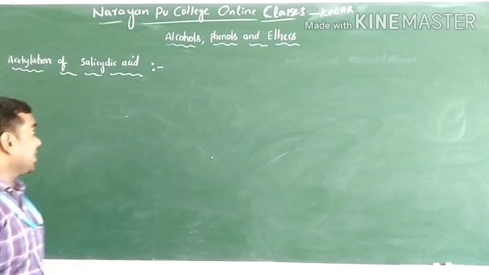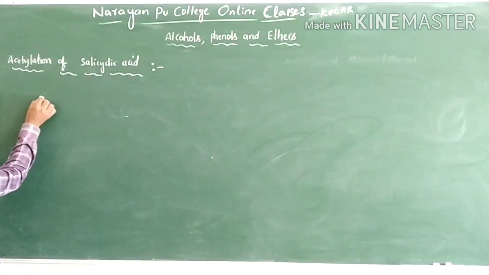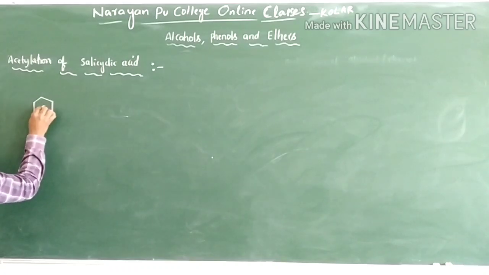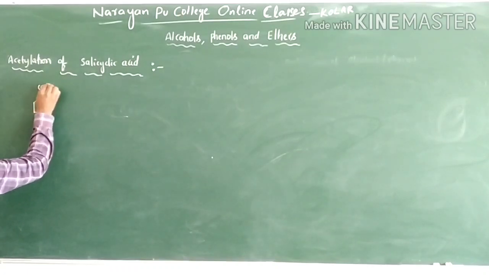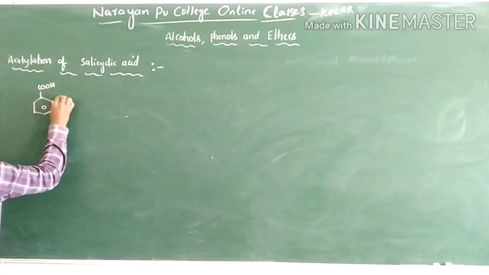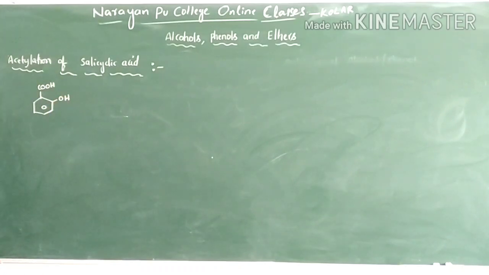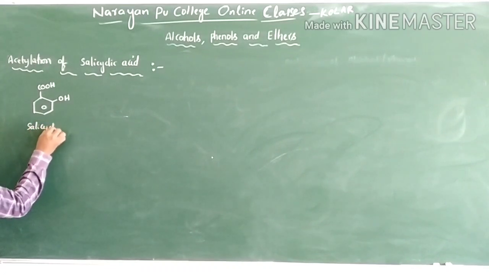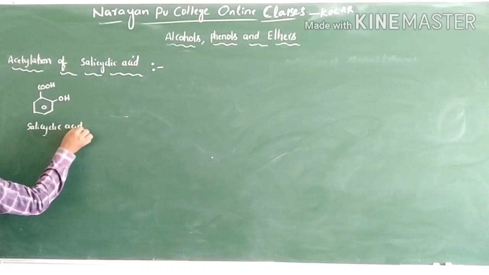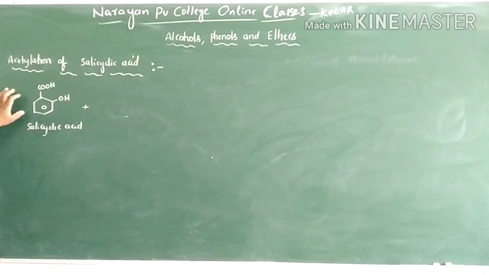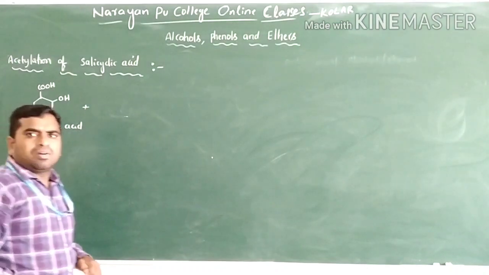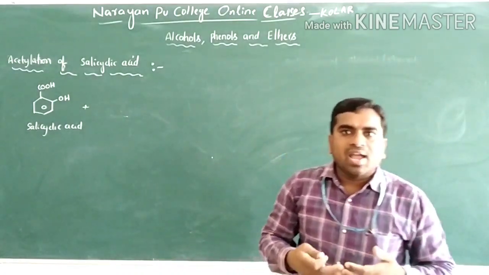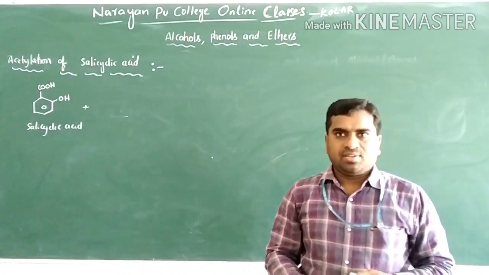Acetylation of salicylic acid. You know the formula of salicylic acid: on the benzene ring there is a COOH and an OH group. This is called salicylic acid. Now you have to do the acylation. I already mentioned that for acylation you can use acetyl chloride or acid anhydride.